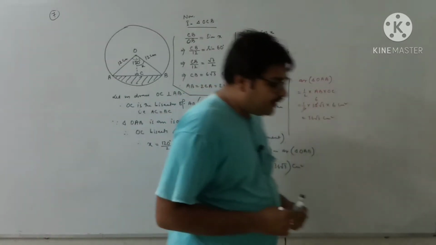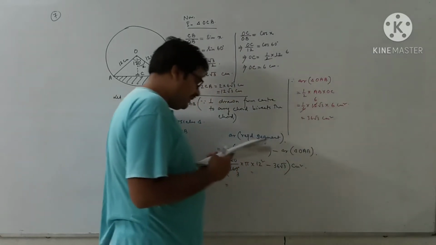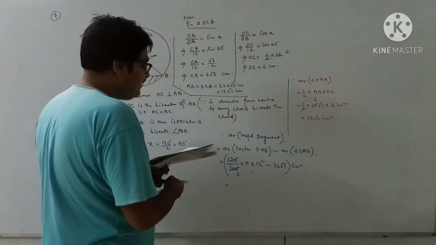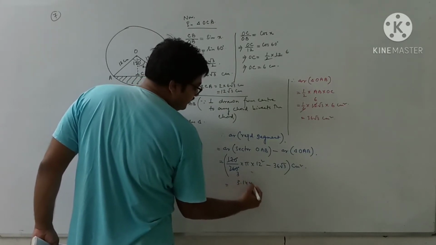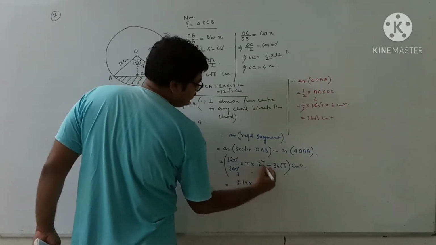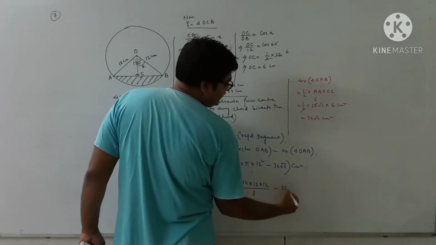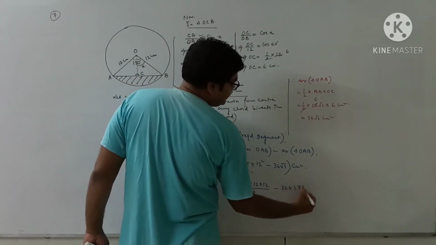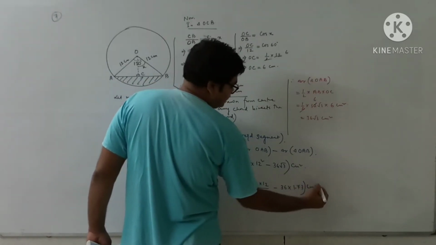See, any specific value of pi has given in question? Yes. Pi equal to 3.14 and root 3 equal to 1.73. So pi equal to 3.14 into 12 into 12, because 12 square was there, by 3, minus 36 into 1.73, this much centimeter square.